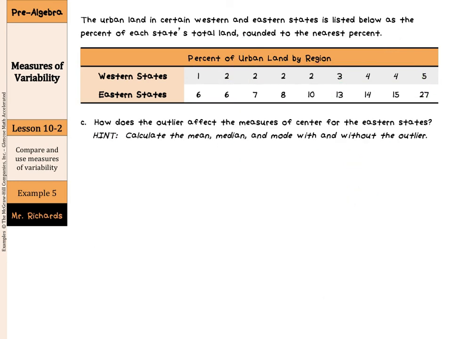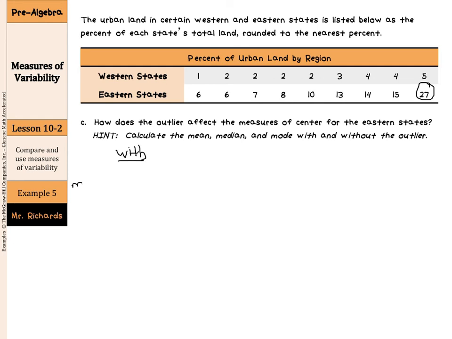Lastly, how does the outlier affect the measures of center for the eastern states? Well, this 27 was the outlier. And so what we're going to do, as our hint says, is calculate the mean, median, and mode with and without the outlier. Remember, measures of center: mean, median, and mode. Well, let's do this with it first.